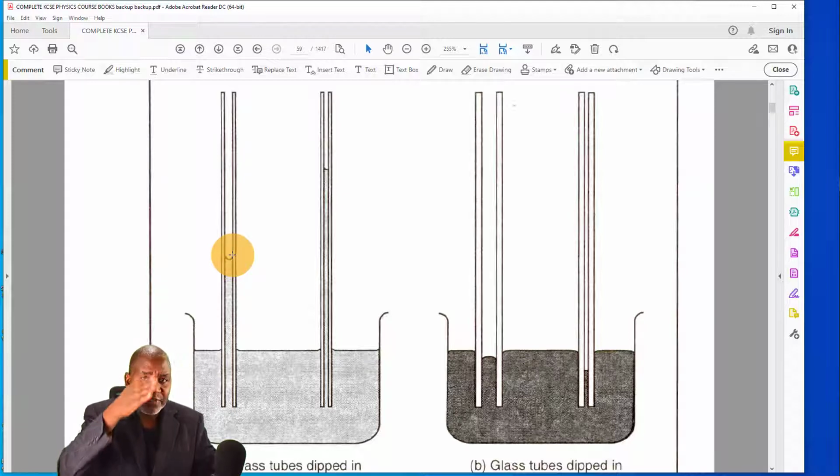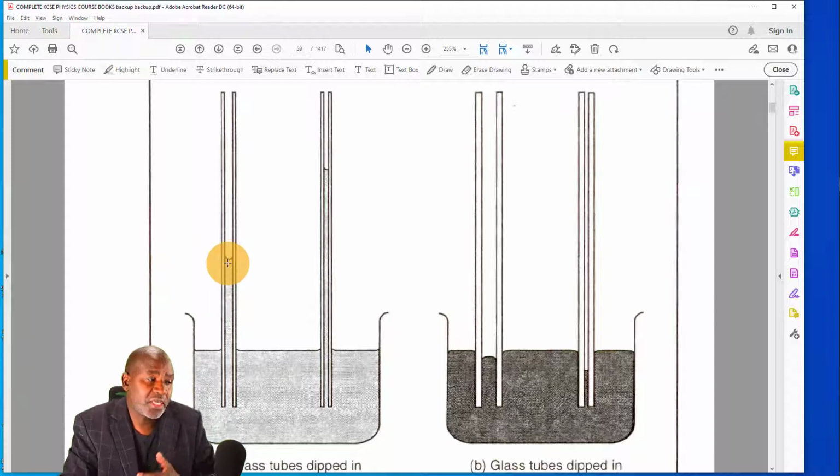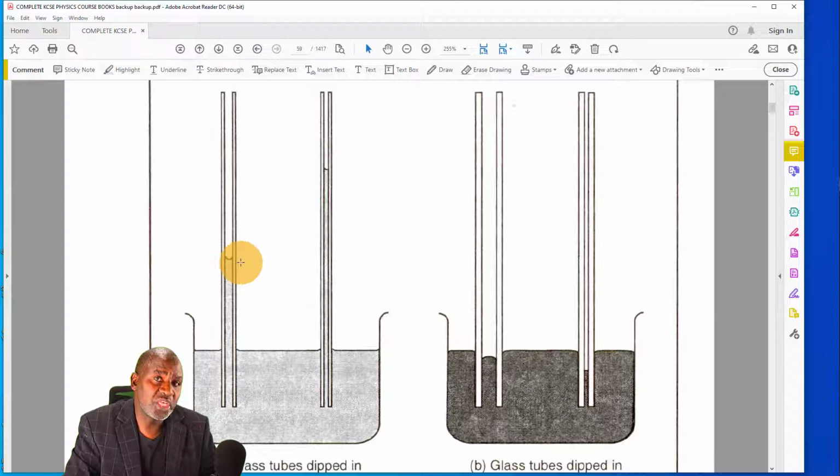The reason why the surface of the water always curves upwards like that is because of the strong adhesive forces between glass and water molecules. The reason why mercury usually forms a dome shape like this, curved downwards, is because of the strong cohesive forces compared to the adhesive forces. So here the cohesive forces are stronger than the adhesive forces. Here the adhesive forces are stronger than the cohesive forces, and hence what you see.